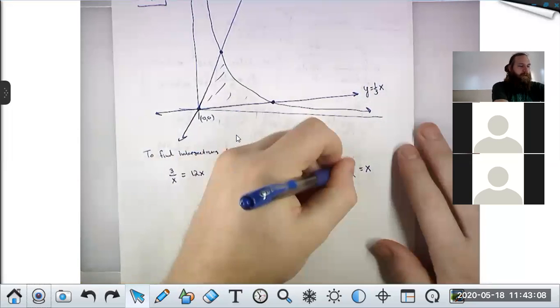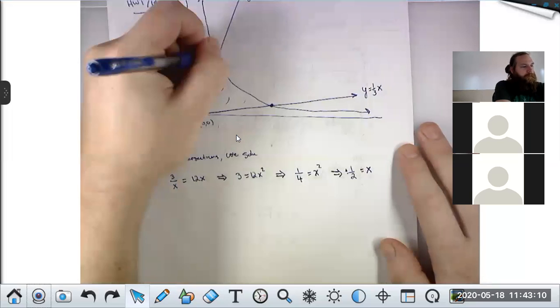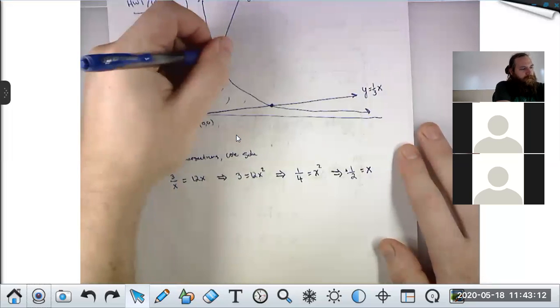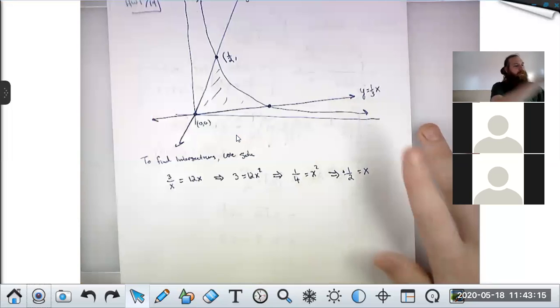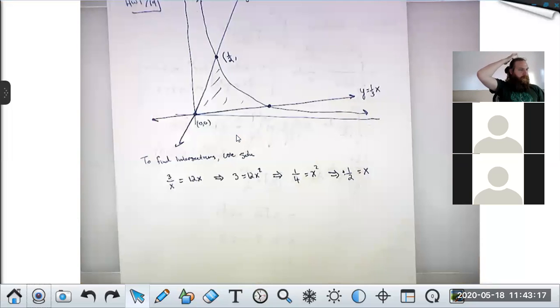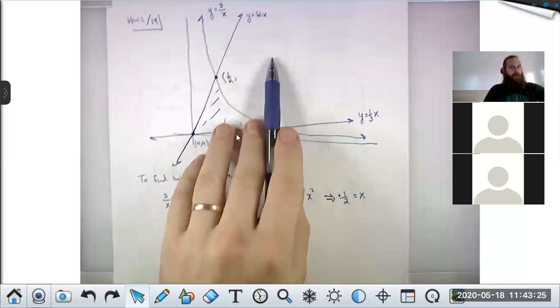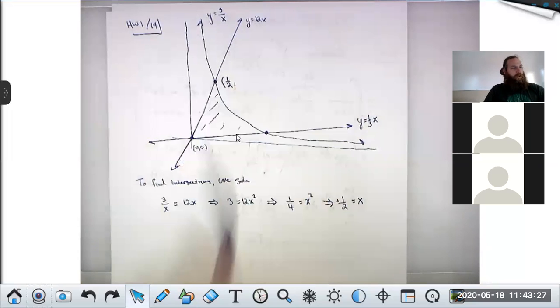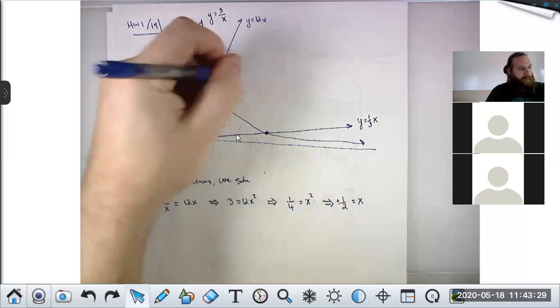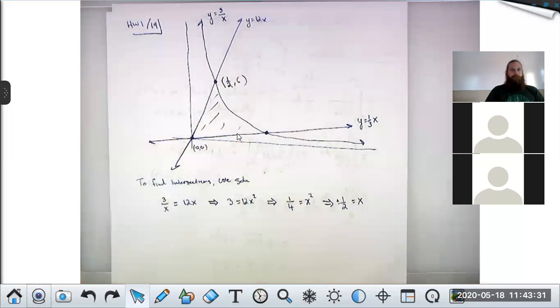But that tells me that this guy has x coordinate positive 1/2. And the y coordinate I could get by plugging positive 1/2 into either of those curves. If I plug positive 1/2 into y equals 12x, 12 times 1/2 is 6. So this is 1/2 comma 6. That's that point up there.